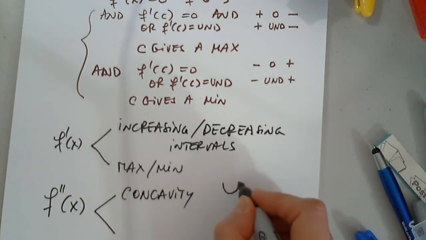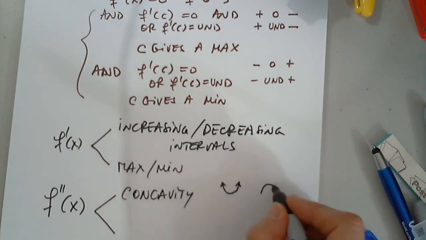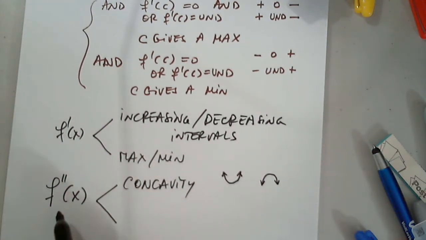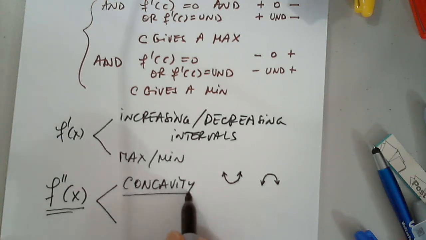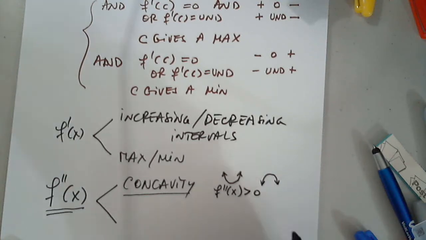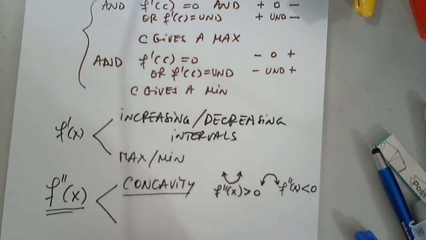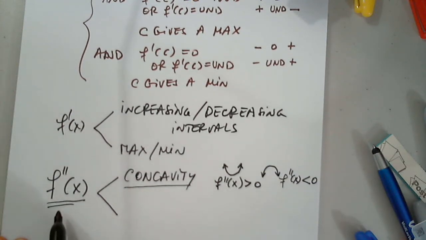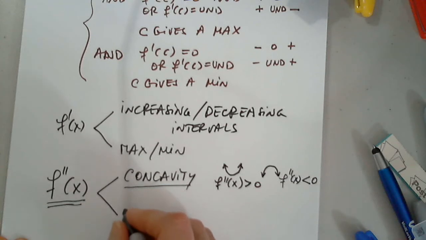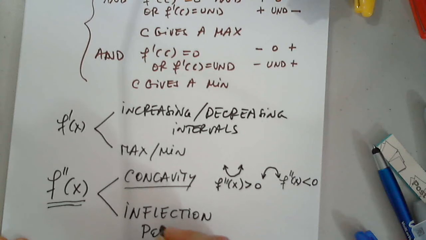So a function can open up, concave up, or it can open downwards, concave downward. The second derivative will tell us concavity. Here, the second derivative is greater than 0. For this situation, the second derivative is less than 0. Also, the second derivative will give us inflection points.